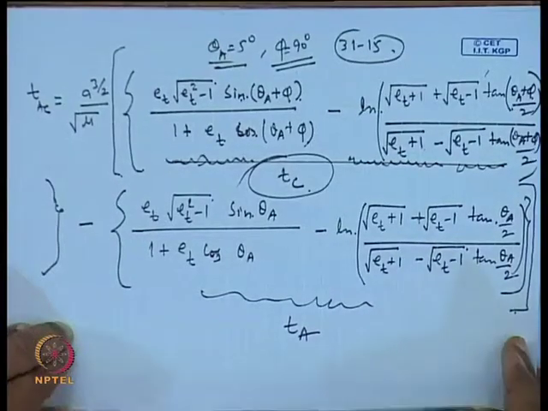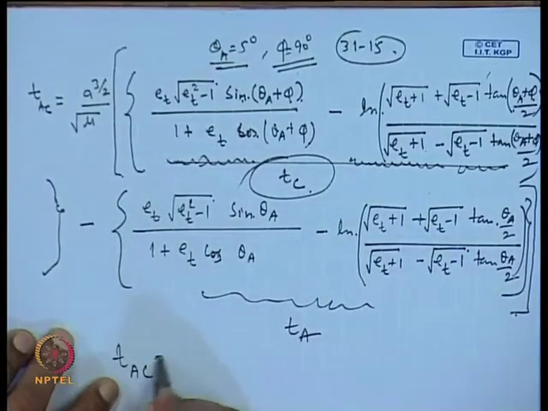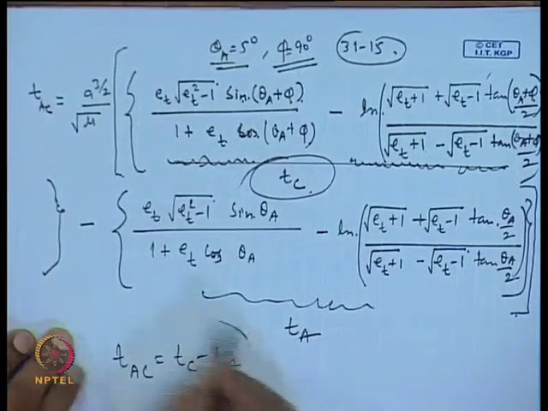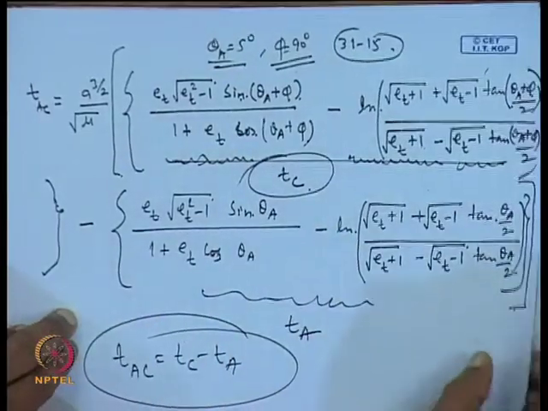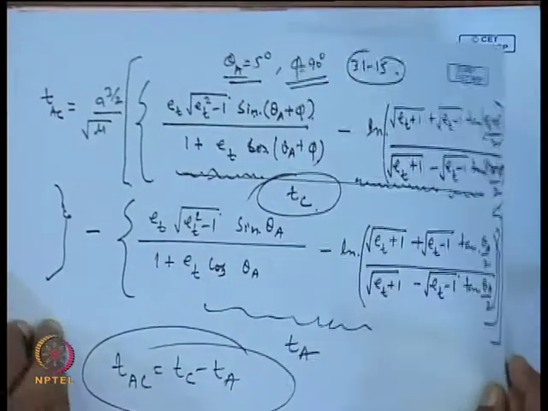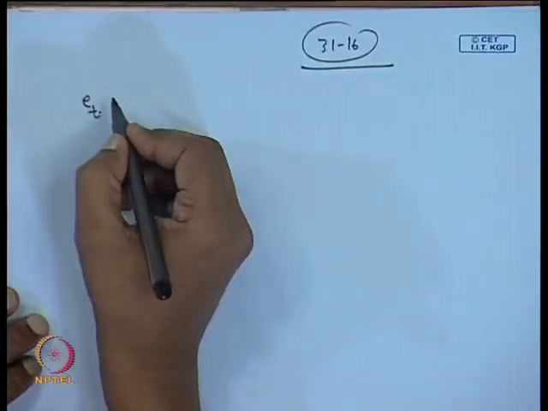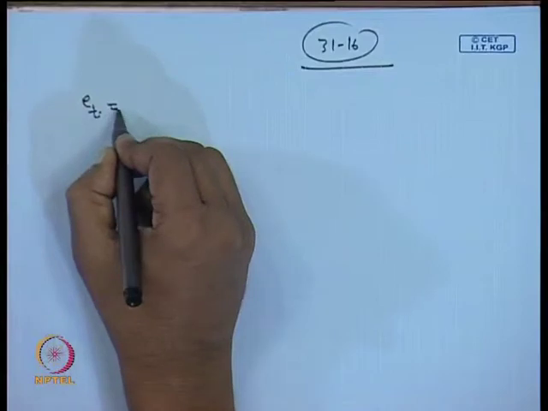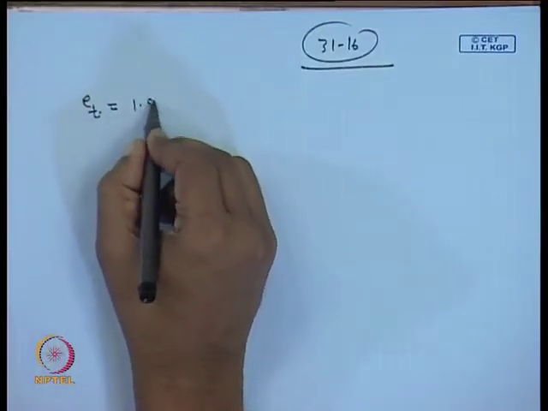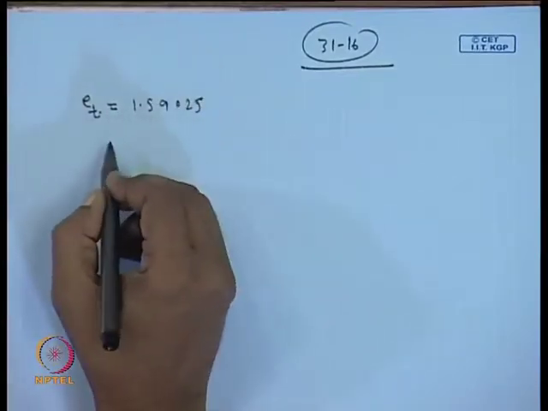So, T a c equals T c minus T a, which we have written here in this place, and you need to insert all the values in this equation. In this equation E t we have already calculated. That value turned out to be 1.59025.